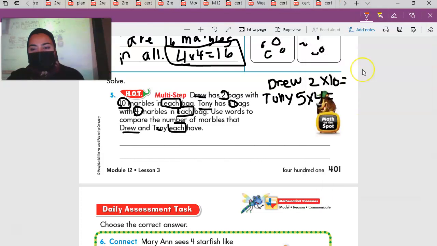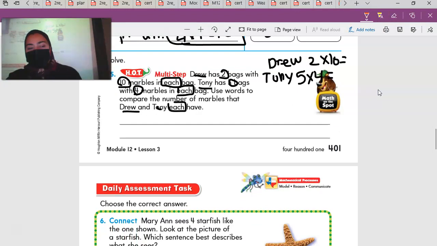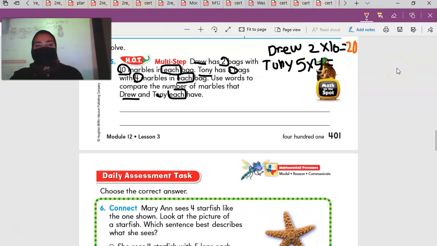So let's solve those multiplication problems. What is 2 times 10? 2, 4, 6, 8, 10, 12, 14, 16, 18, 20. What's 2 times 10? 20. All right. Now what's 5 times 4? 5, 10, 15, 20.